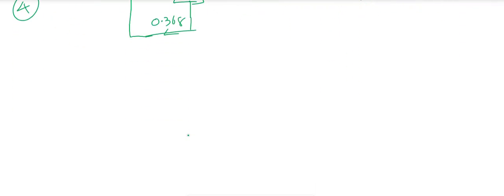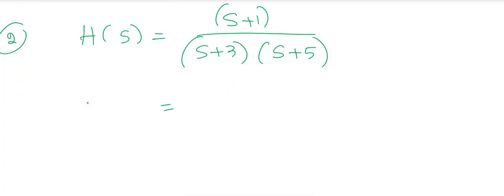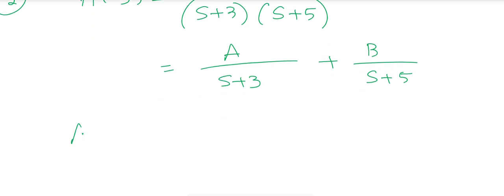Similarly, we take one more example. Second problem: H of S is given as S plus 1 divided by S plus 3 into S plus 5. Apply the partial fraction method. H of S is A by S plus 3 plus B by S plus 5. How do you find the partial coefficients? A is S plus 1 divided by S plus 5, evaluated at S equal to minus 3, since S plus 3 cancels.